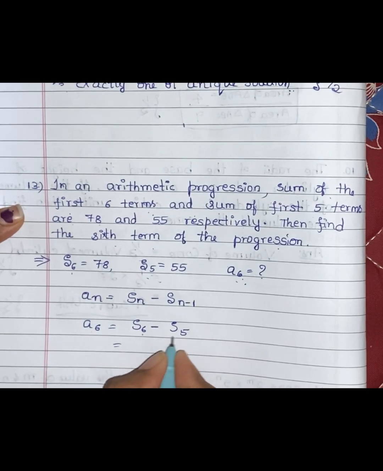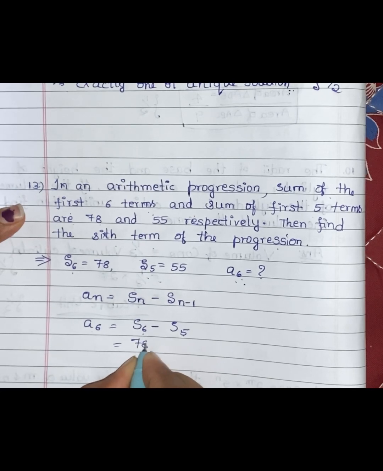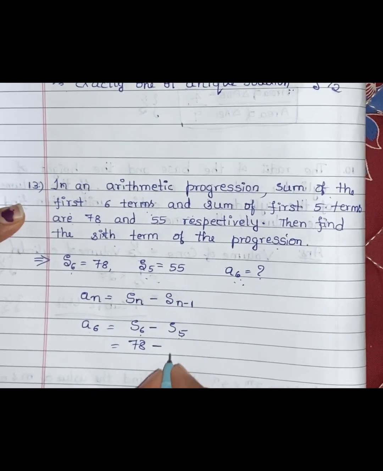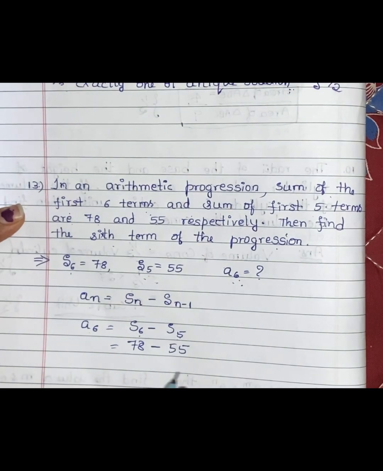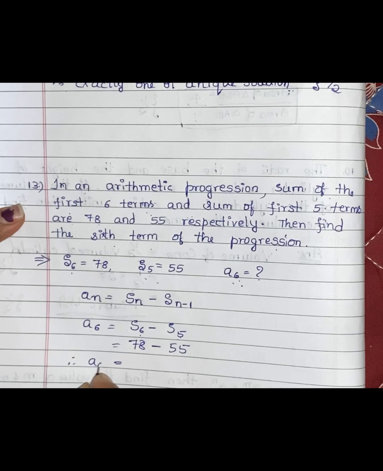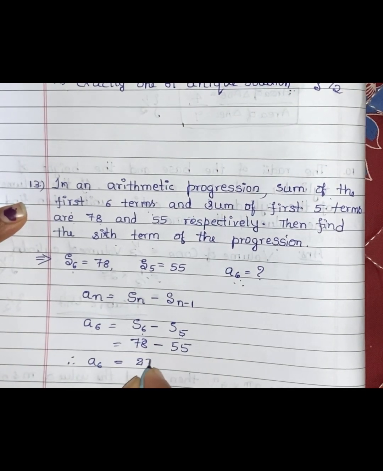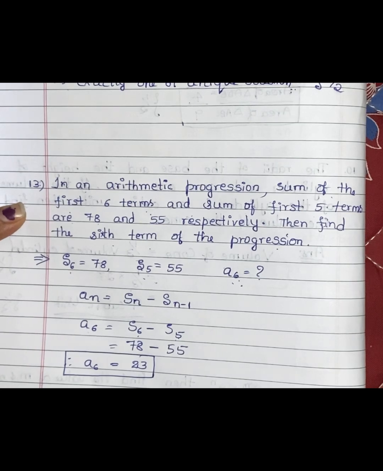We know the value of S6 and S5. S6 is 78 minus S5 which is 55. So 78 minus 55, therefore A6 is nothing but 23. This is the answer.